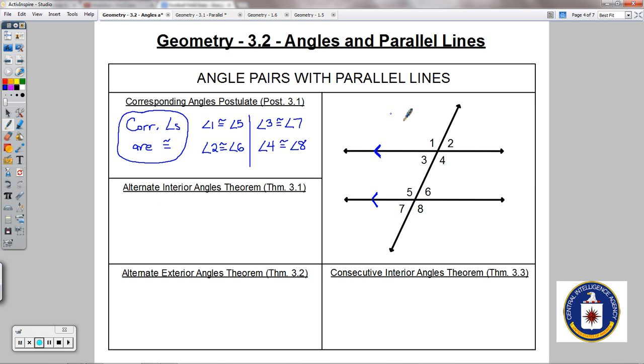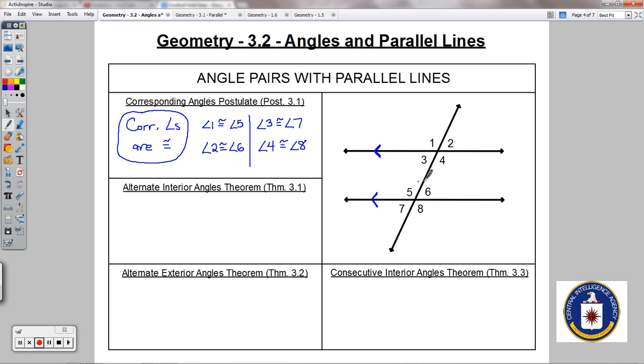But we have postulates that seem to be obvious and legitimate. It seems like 1 and 5 should be congruent to each other. Now the rest of these are theorems because, based on our postulates and things like vertical angles and linear pairs that we learned about before, we could prove these things. So postulates you assume, theorems you can actually prove.